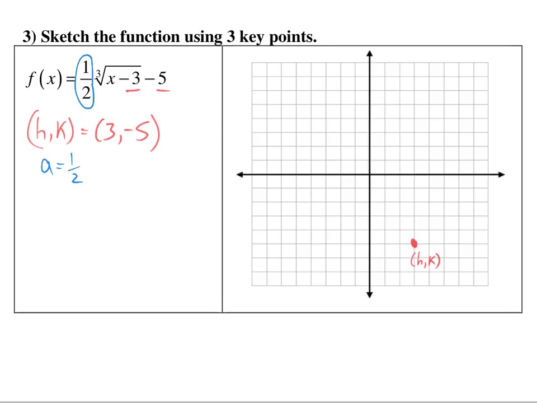So from my hk, I'm going to go over 1 and up 1/2. That's up 1/2. It's kind of small. Over 1, up 1/2. And then the other direction, I'm going to go over 1, but down 1/2. And then I'm going to sketch my graph.